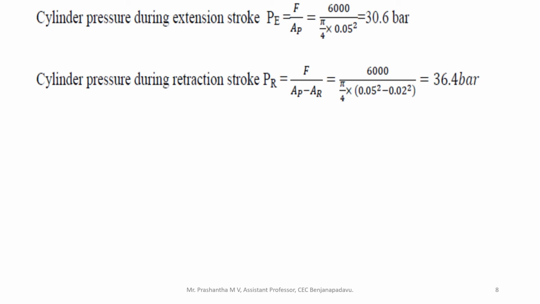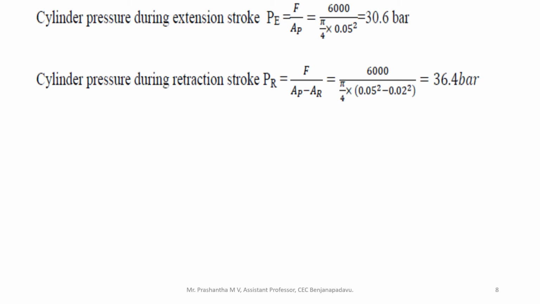Force during extension is 6000 dividing by area of piston pi into 0.05 square dividing by 4. Simplify this and we will get 30.6 bar pressure. Cylinder pressure during extension stroke PE equal to 30.6 bar.